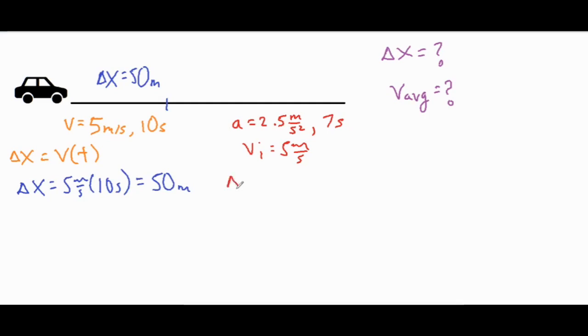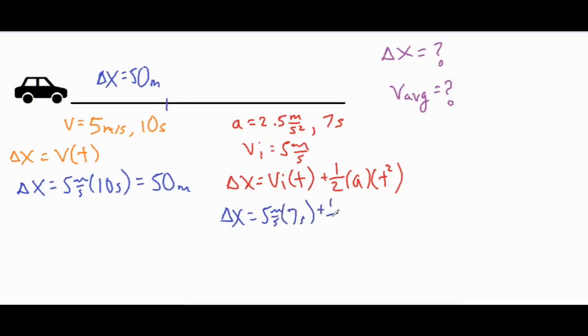Now we're going to use the accelerated motion formula, delta x equals v_i t, initial velocity times time, plus 1/2 a t squared, and then we're going to be able to solve for the delta x that way. So let's go ahead and plug in those numbers, and we get delta x equals 5 times 7 plus 1/2 a t squared. 5 times 7 is 35 meters, plus 1/2 a t squared, which I'm going to plug into my calculator.